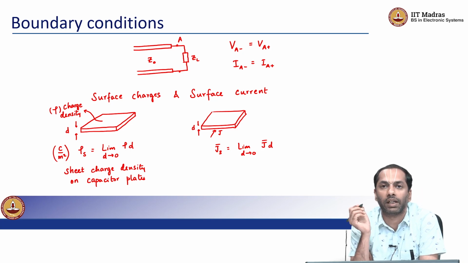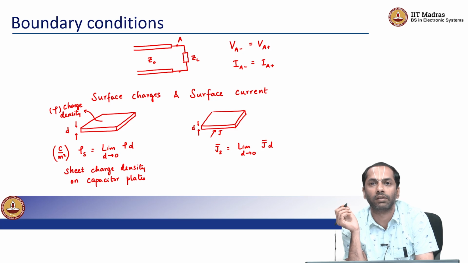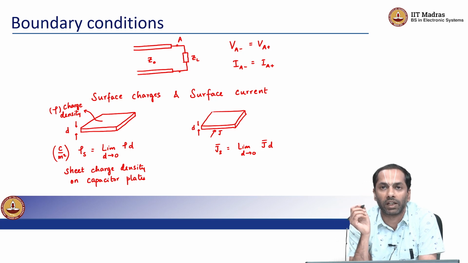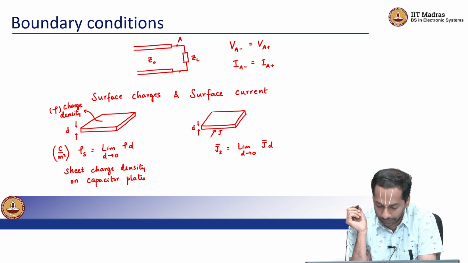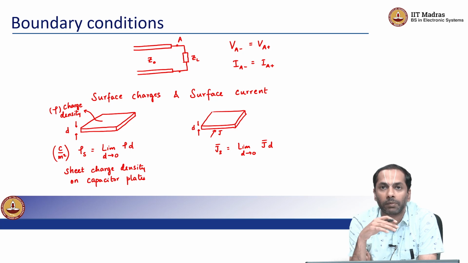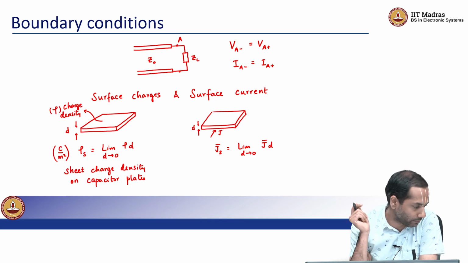So I am scaling the vector J by the quantity d, which is vanishingly small, and I end up having these currents confined to just the interface of the surface.